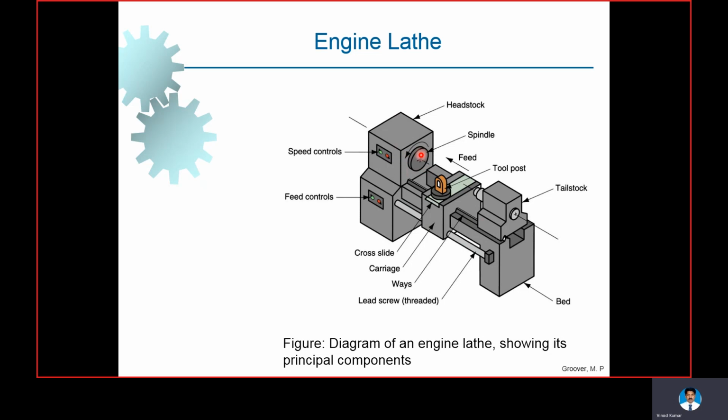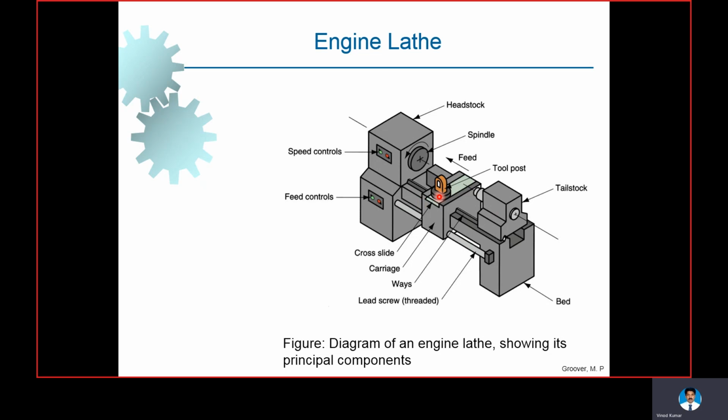So the workpiece also will be rotated here, and it is supported with the help of the tailstock. The workpiece is held between the headstock and tailstock, and the tool is moved in a specific direction. Feed and depth of cut are given to cut threads or for turning or whatever, or facing.